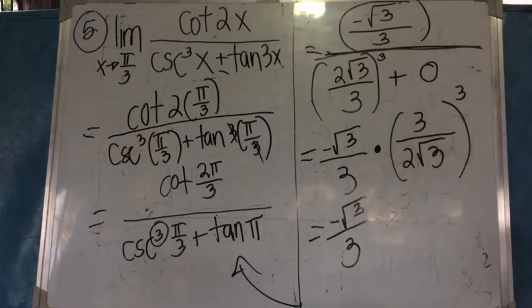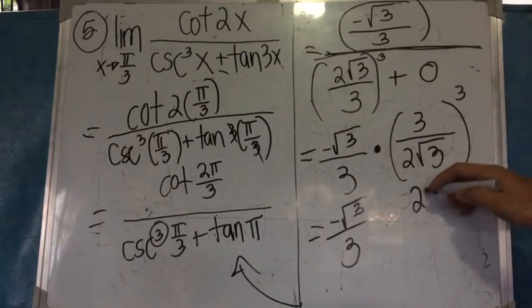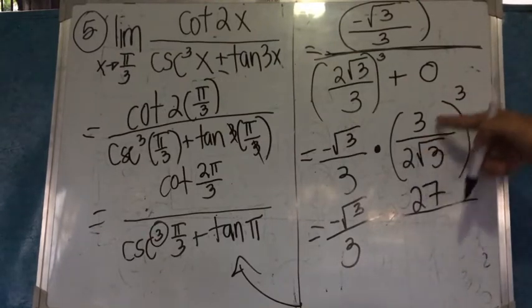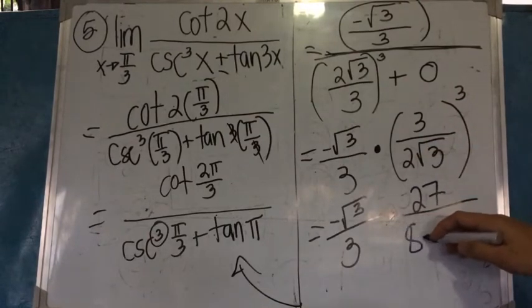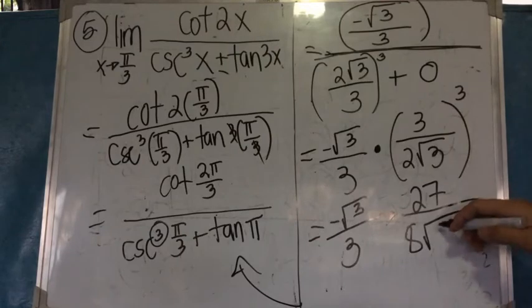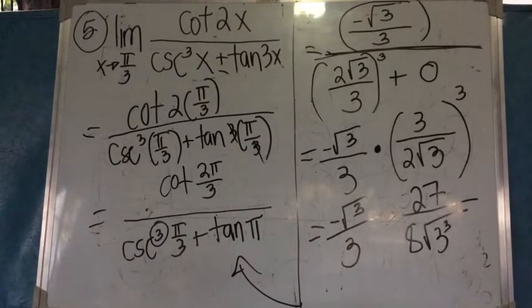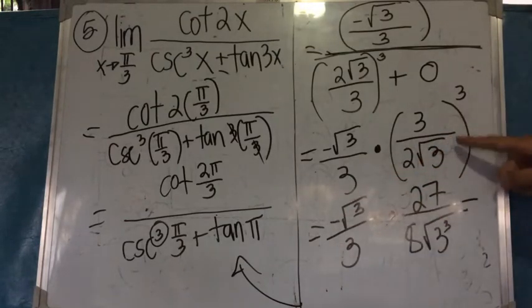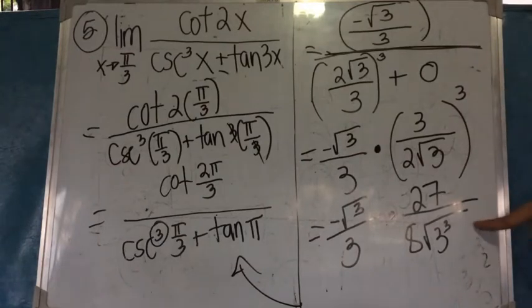What is 3 cube? 3 cube is 27, all over 2 cube, that is 8 over 3 cube. So we already found the simplified version of this part. This one being raised to 3 is equivalent to this one.